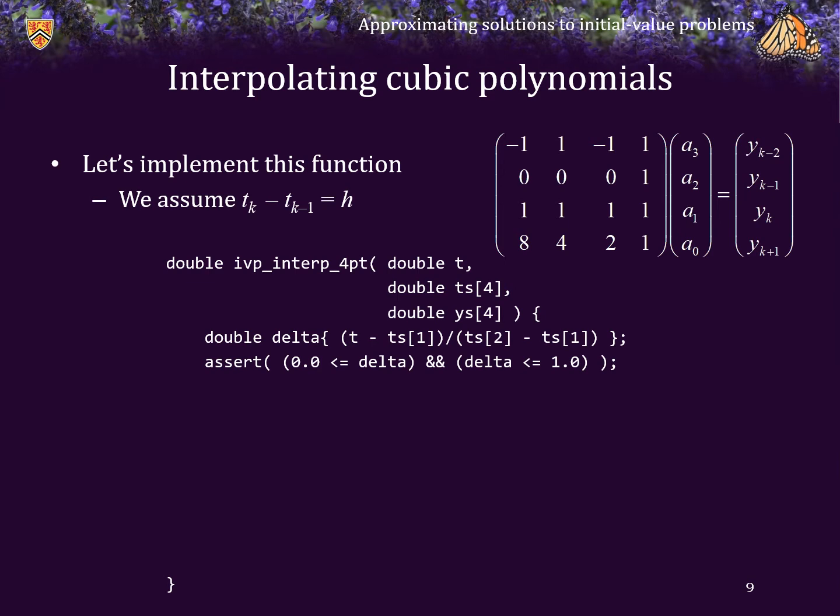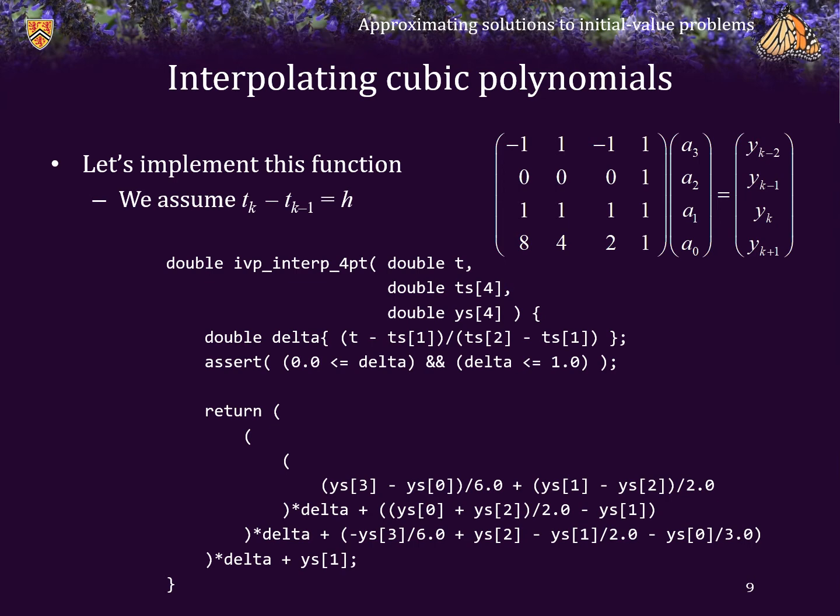If delta is less than 0, then that means that t lies to the left of, in this case, the second point. And if it's greater than 1, it lies after the third point. We should only be using this technique to approximate the value of the function at points between, in this case, the second and the third point in these arrays.